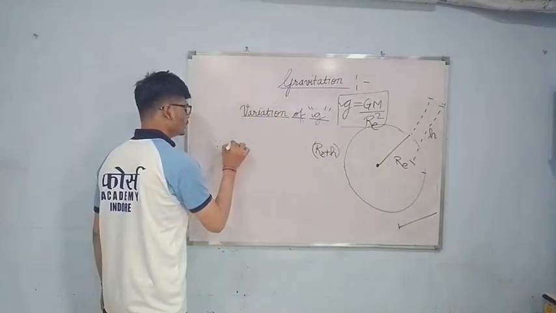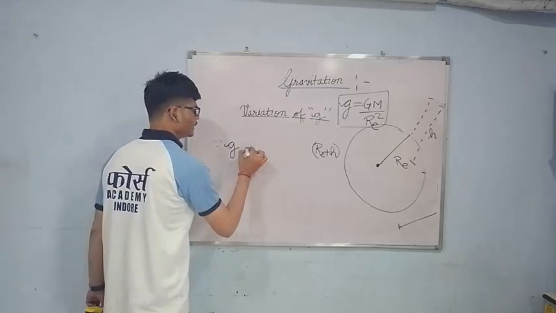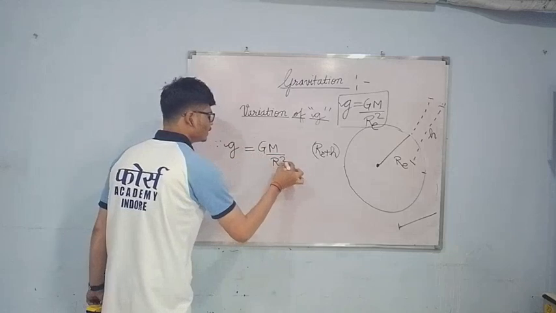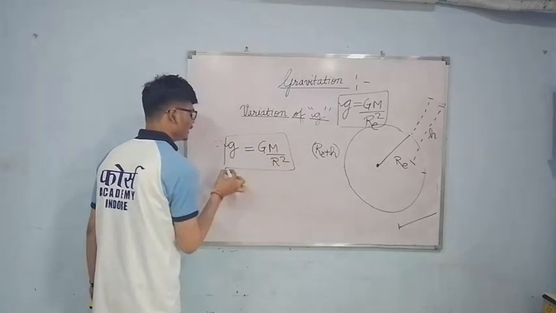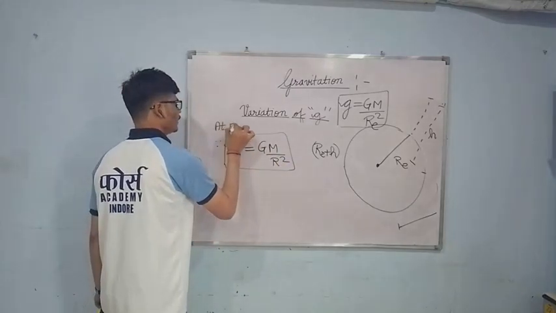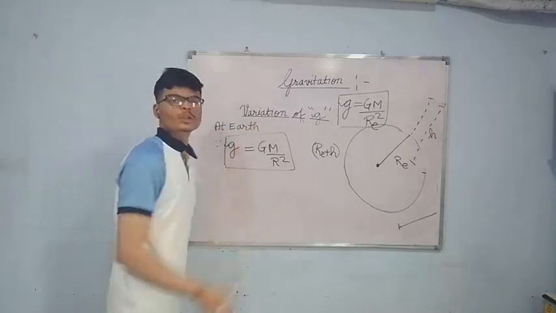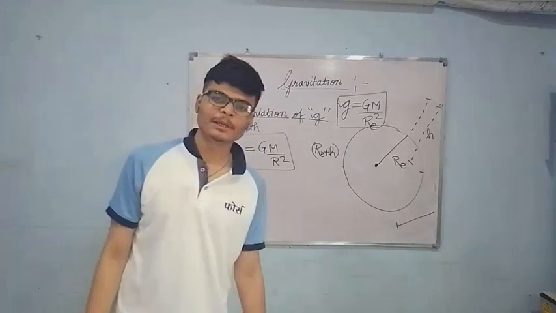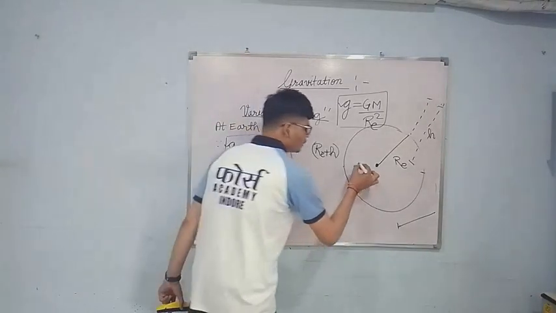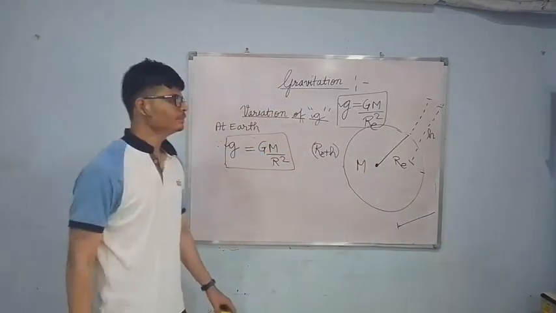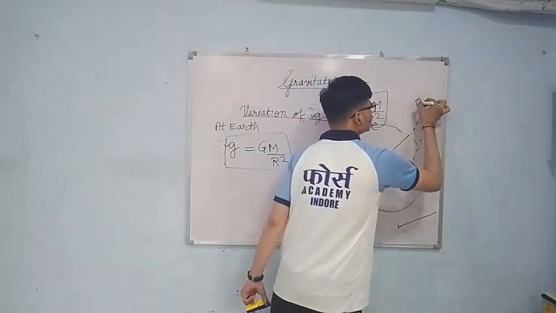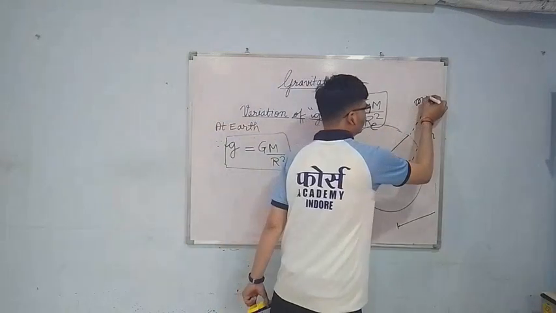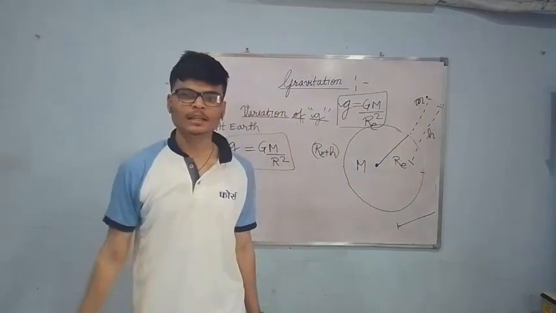Now since we know g at earth's surface is equal to GM by R square, give it as first equation. Here G is the gravitational constant and capital M is the mass of earth. Small m is the mass of the object which is taken to h height above the earth's surface.